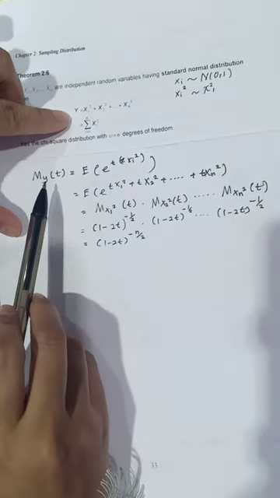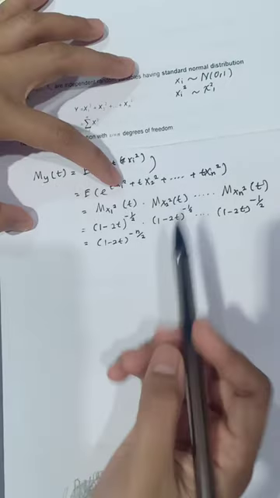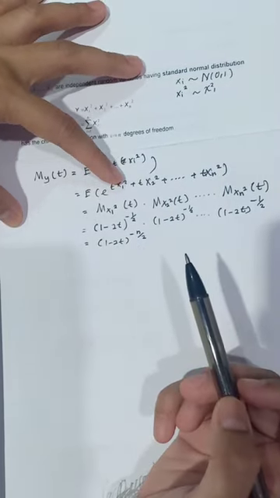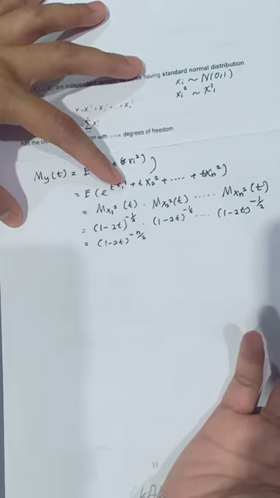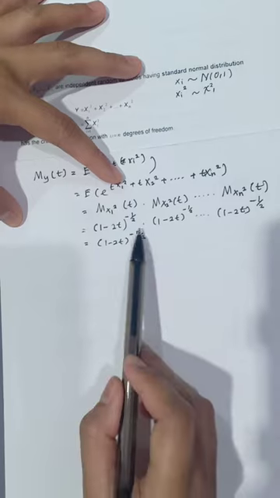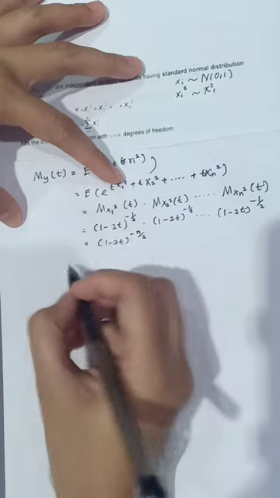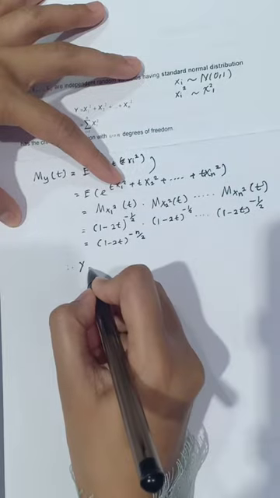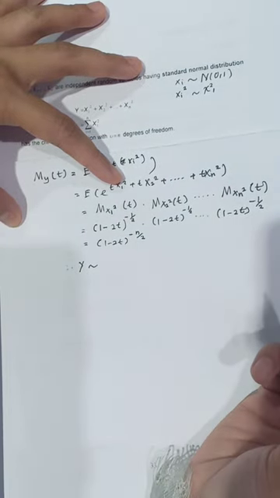This is our Y just now. Okay, so observe this MGF. This MGF looks like the MGF for chi-square, because it is 1 minus 2t, but maybe with a different parameter. So what is the distribution for Y?